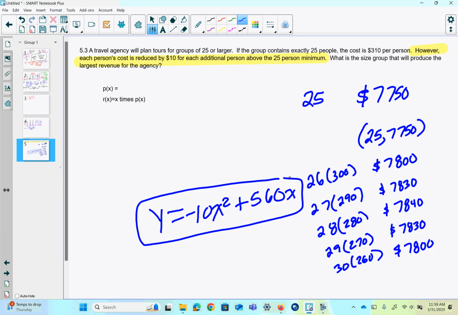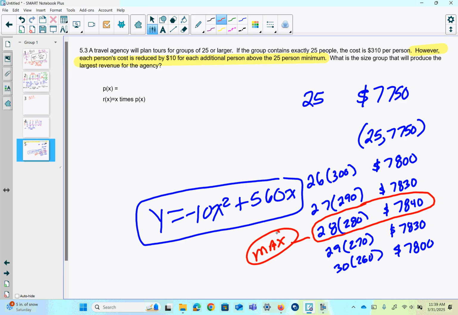I think that's great. Whether you graph it or not, because it's a discrete number of people, this is where we are getting the maximum. If we were this travel agency, we're hoping to get 28, because at 29 I'm starting to drop down.